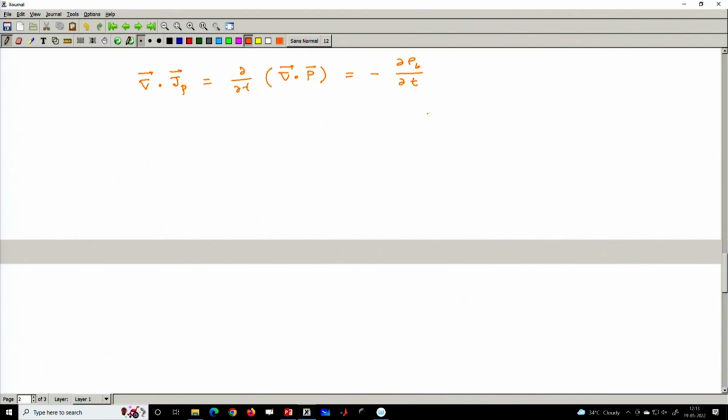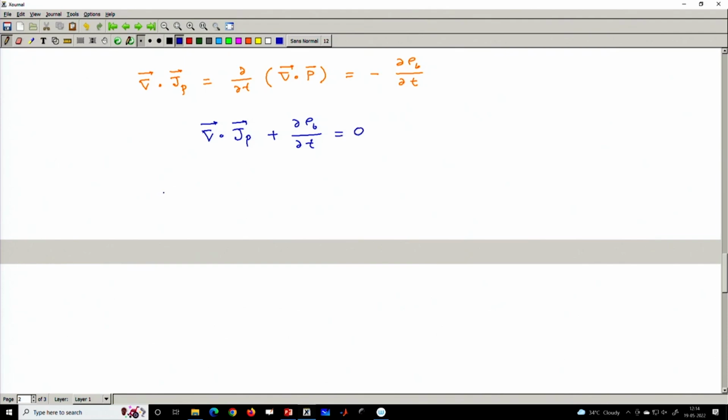Now, it follows that this equation simply follows the continuity equation. If I write it in a standard way, divergence of Jp plus del rho b del t is equal to 0.